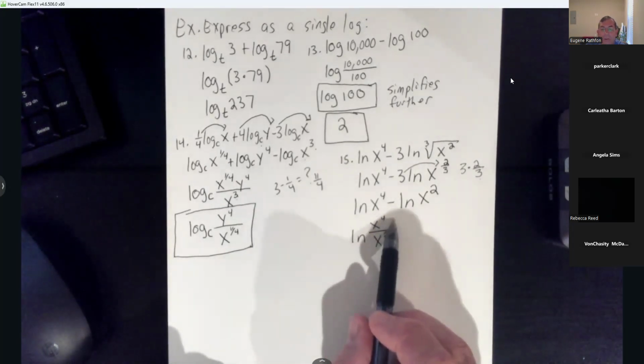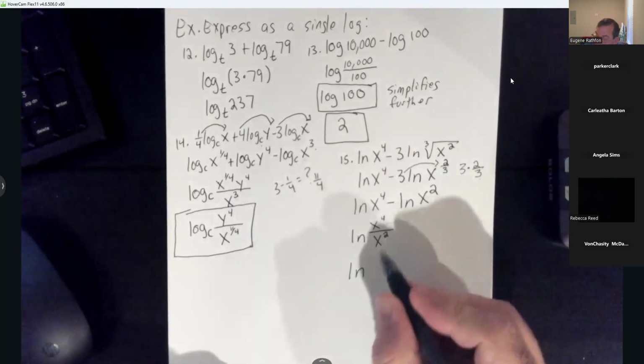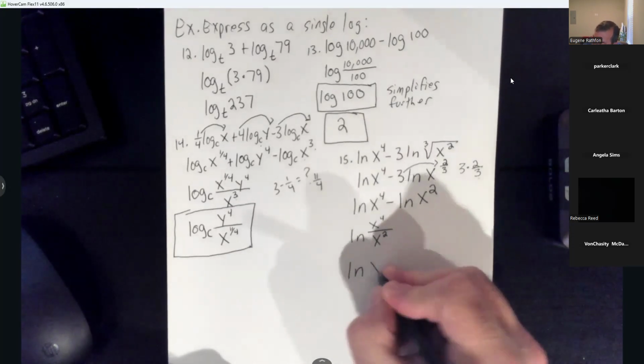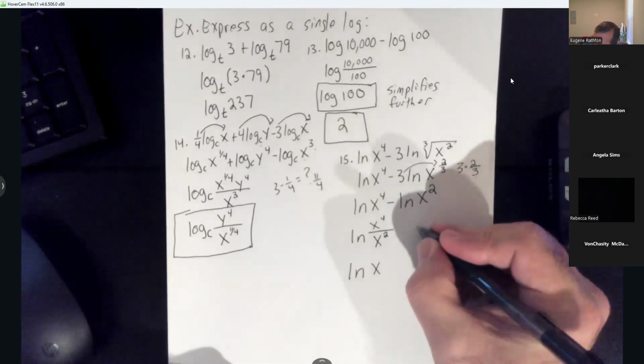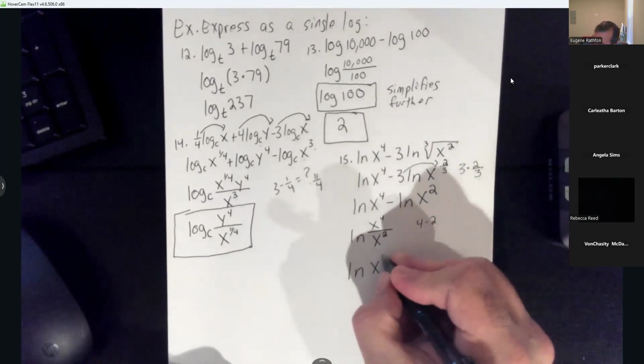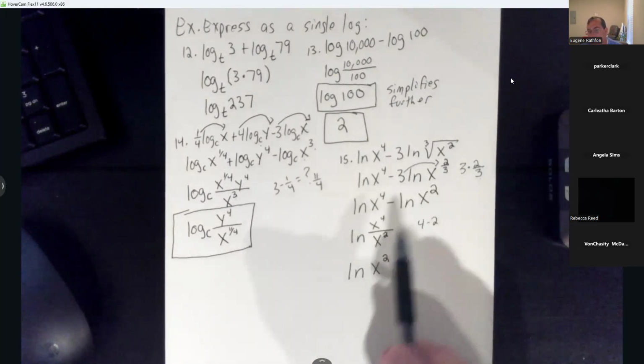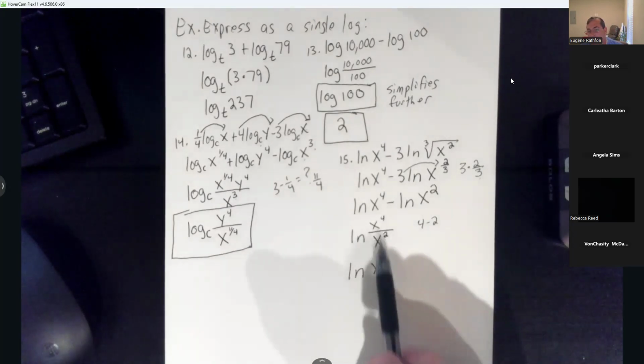This time, the larger exponent's on top, which means my final answer will be x. Now, 4 minus 2 on the exponents will leave me an x squared.